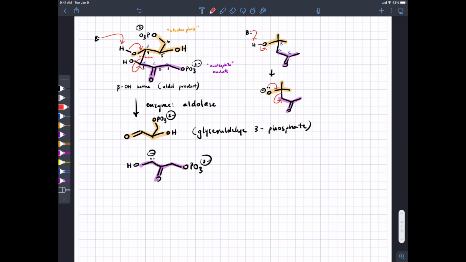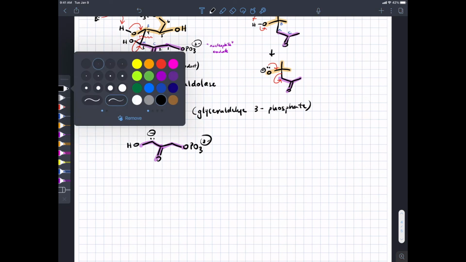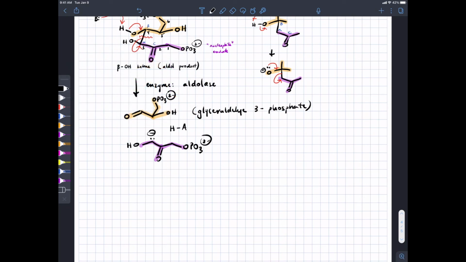And then that enolate will be protonated by some acidic group, perhaps in the enzyme active site, perhaps from water. And that will give us the other neutral product, which is called dihydroxyacetone phosphate.